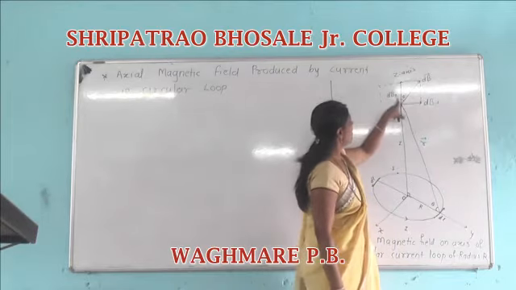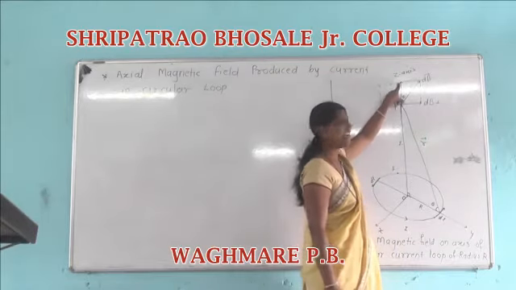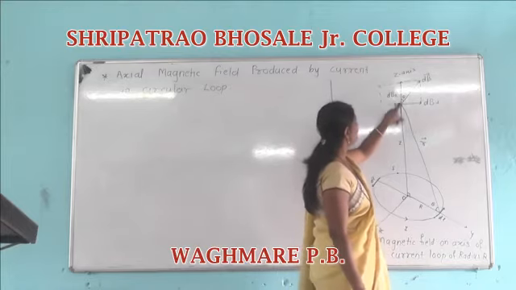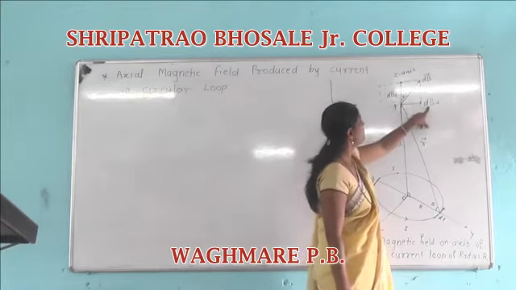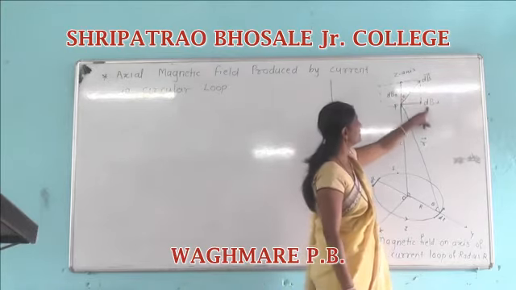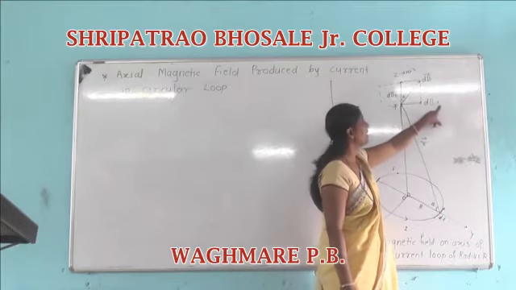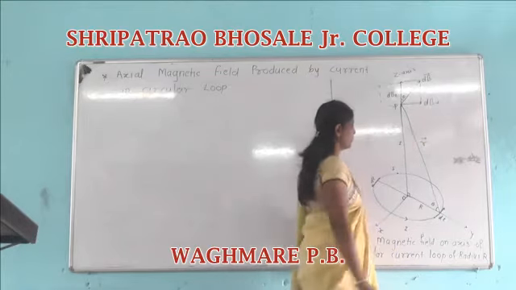This component of dB is along the z axis, and the other component is perpendicular to the z axis. Therefore, this is shown here as dB perpendicular.